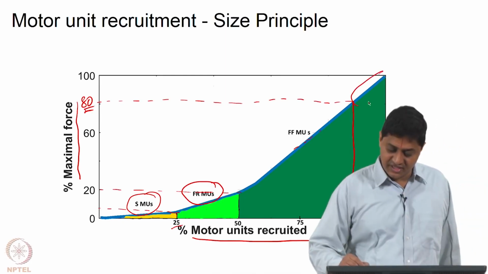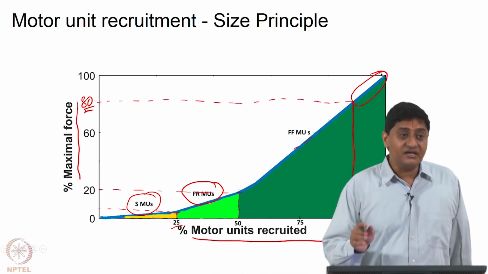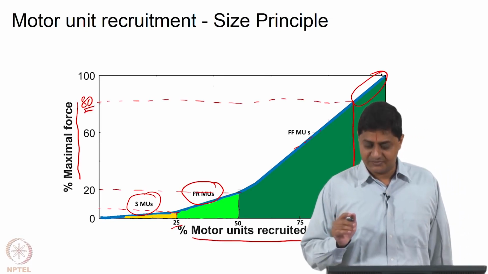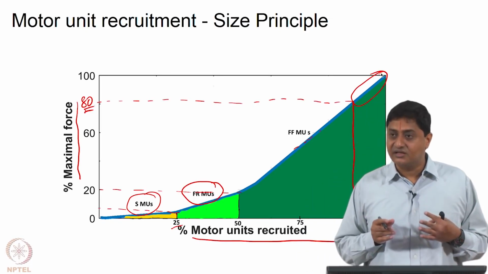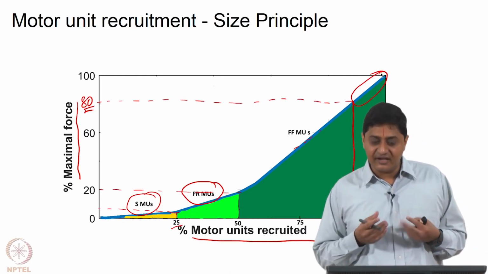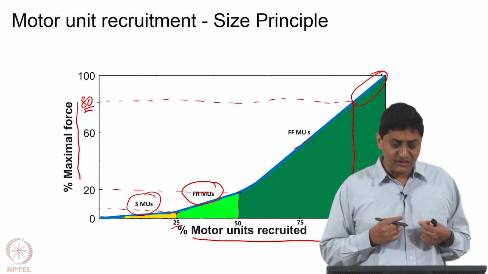Then how is this increase happening? This increase is happening by increasing the firing rate of the motor neurons, right. Just illustrating the important principle that increasing the firing rate of motor neurons can and will increase the force.